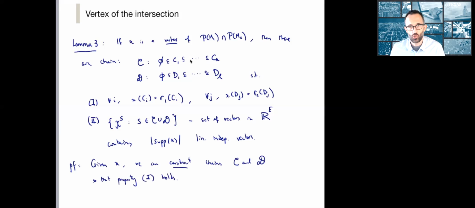In other words, construct inclusion-wise maximal chains, but given x. So we're not choosing x. We just look at all of the tight constraints and we write out what C and D are. So the interesting part, therefore, is really the second part that we need to show.